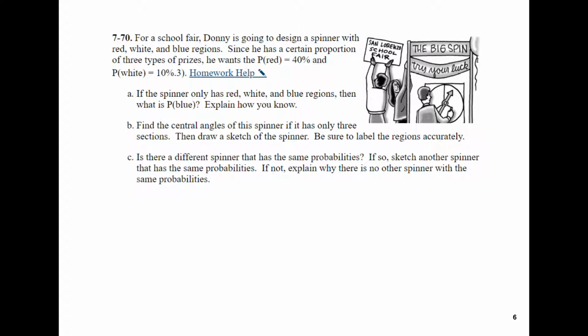Well, if I know that the spinner only has 3 portions, it has to equal 100. If 40% of it is red and 10% of it is white, that leaves the blue percent to be 50%.